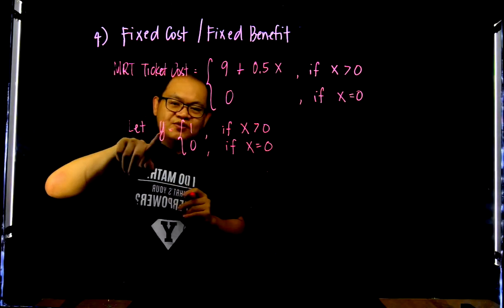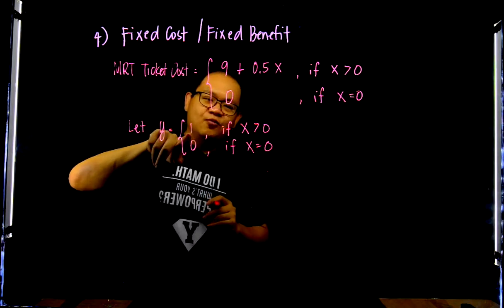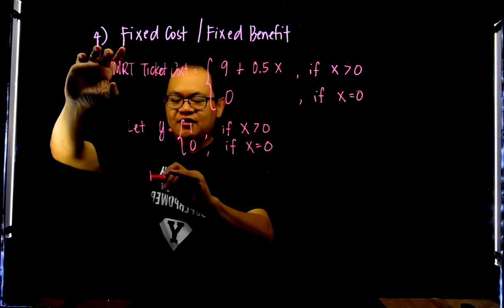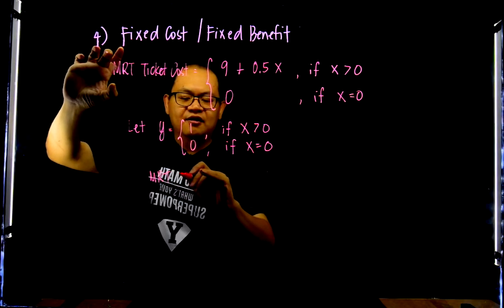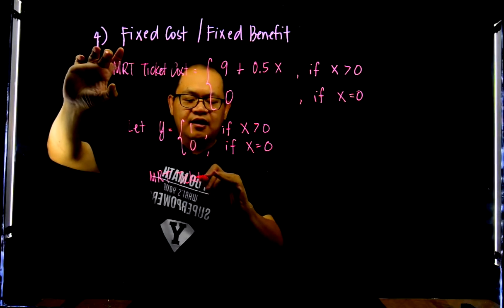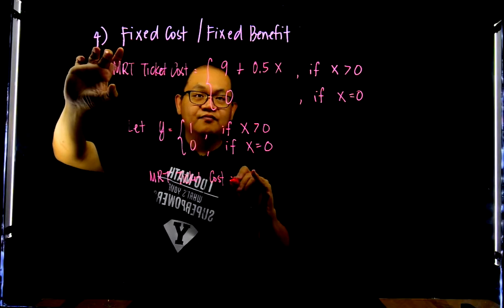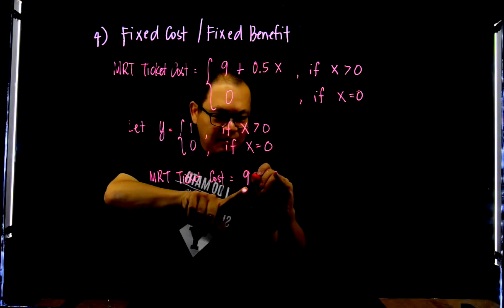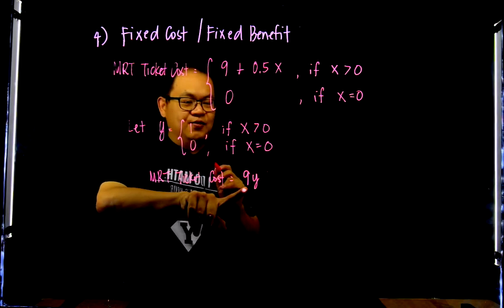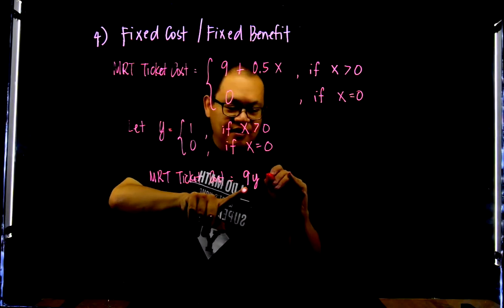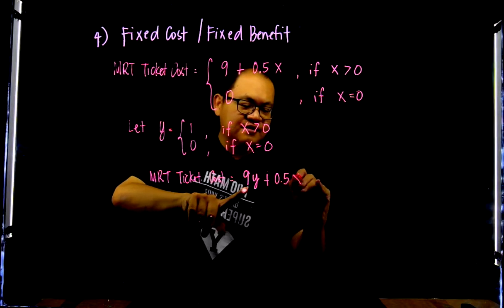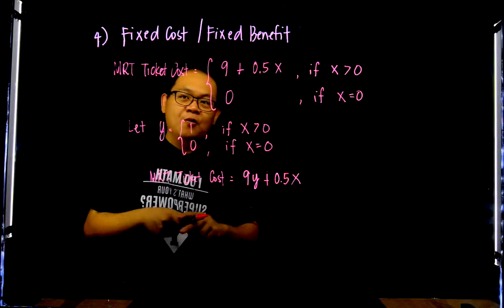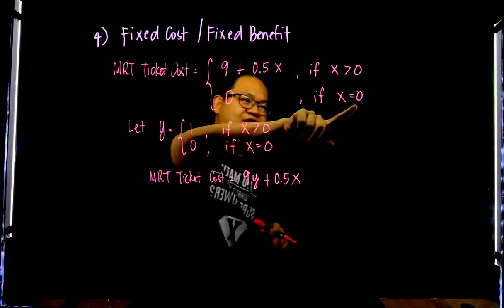And because y equals 1 if x is greater than 0, then technically your MRT ticket cost can now be equal to 9, the fixed cost, multiplied by the switch, plus 0.5x. And this function 9y plus 0.5x works even if x equals 0.